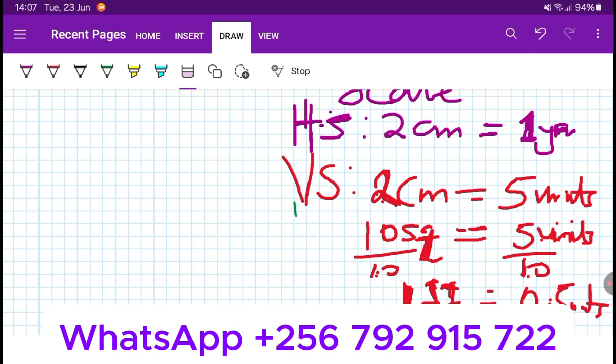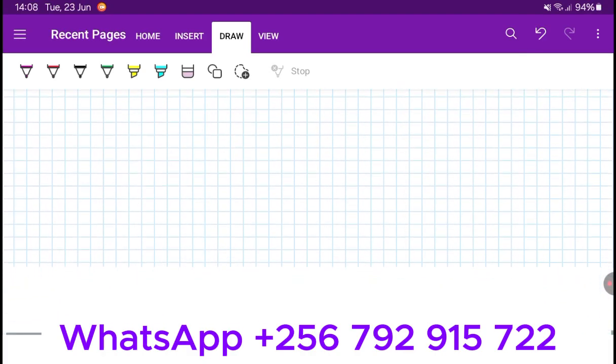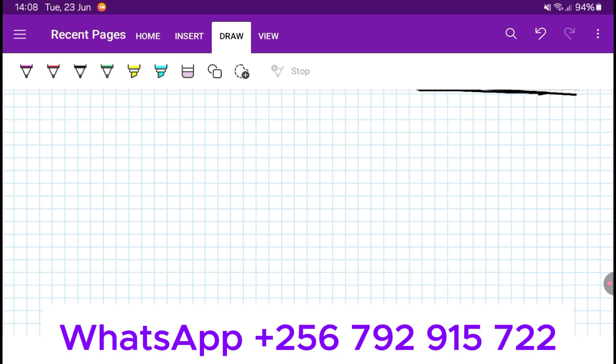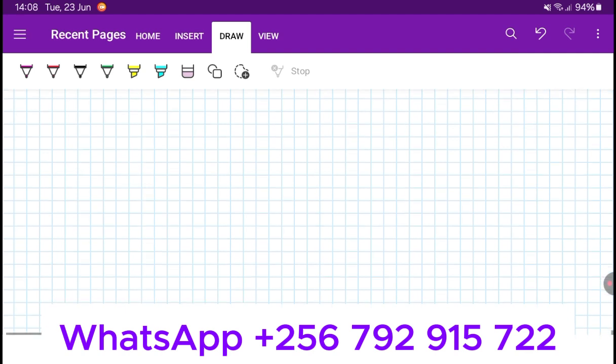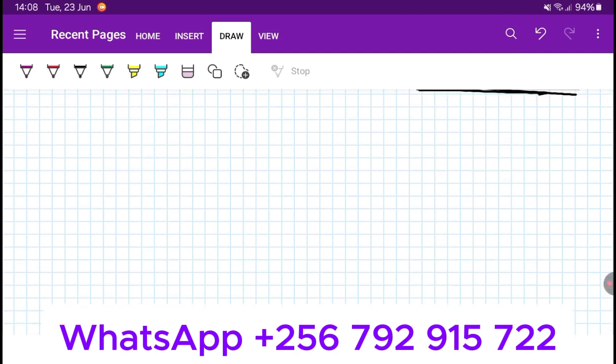So if I've used a scale of 2 centimeters to represent 5 units, I would be needing 4 centimeters and then two small squares to represent 11. So this is not a graph paper, but if you're using the graph paper, you'll get this right.